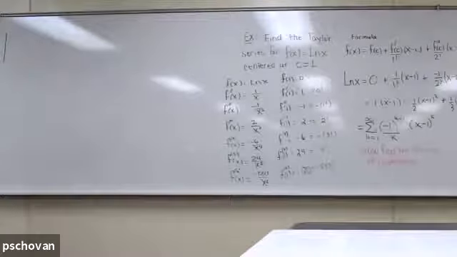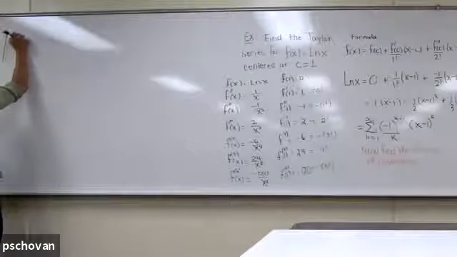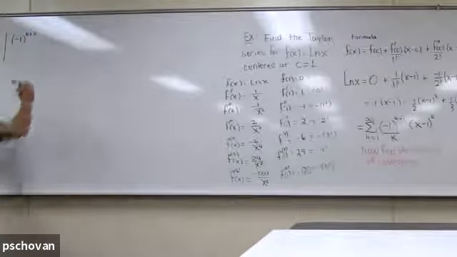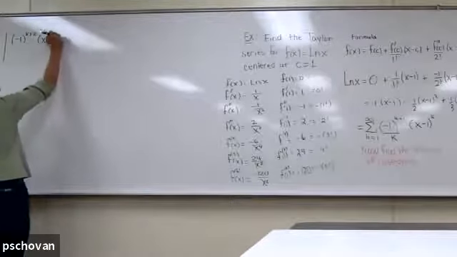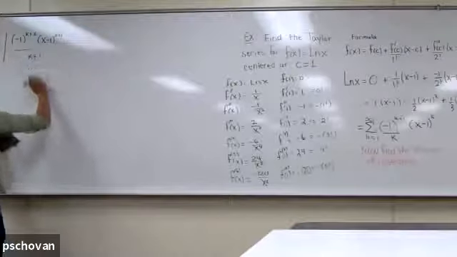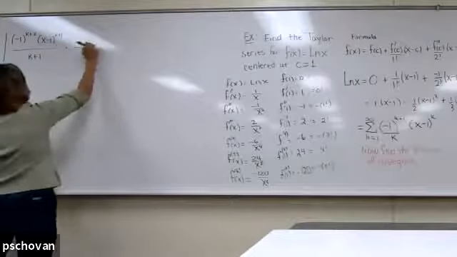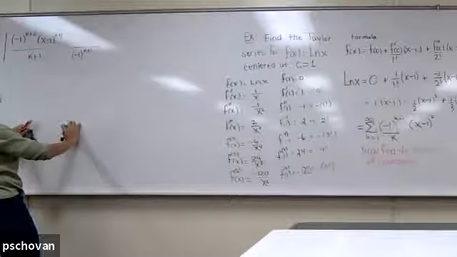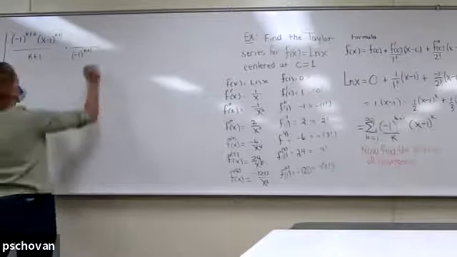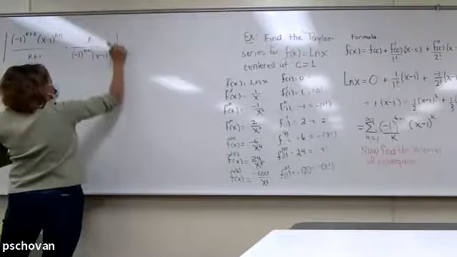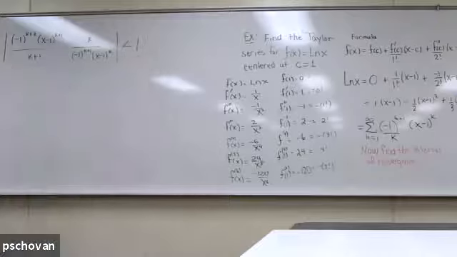So I'm going to have (-1)^(k+1+1), that gives me (-1)^(k+2), times (x-1)^(k+1), all divided by k+1. Then I multiply that by (k+1) over (-1)^(k+1)(x-1)^k, and then up here, k. We're trying to find out what makes that smaller than 1.